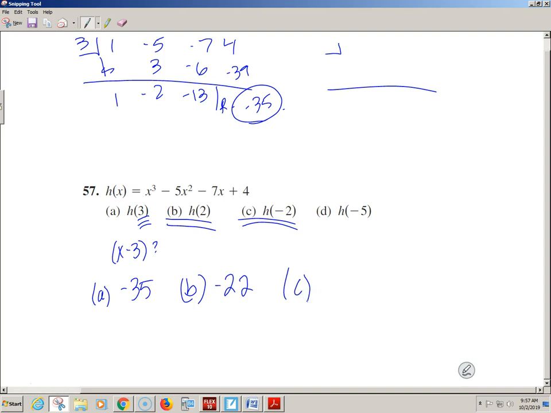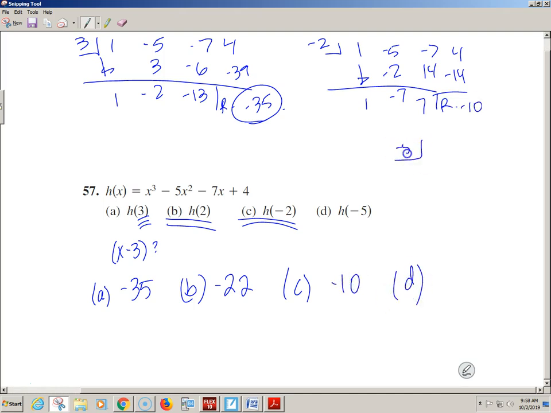H of -2, maybe I'm getting a little nervous about what might happen if I keep on doing a lot of mental math while I'm talking. So let me go ahead and just do it easily. That would be 14, that would be 7, that would be -14, and that would be -10. And then Sid said that -5 was nasty.